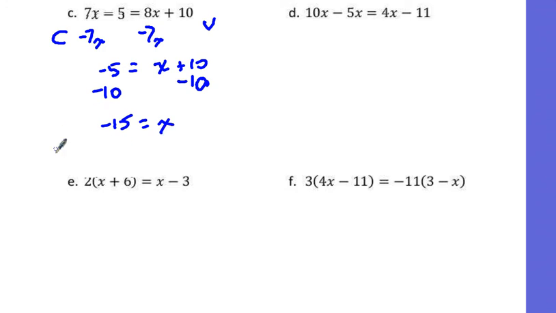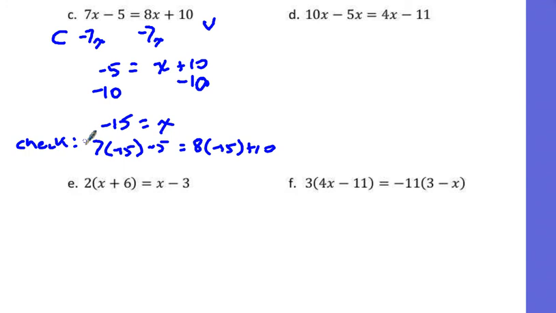And we could check again. 7 times negative 15 minus 5 equals 8 times negative 15 plus 10. 7 times negative 15 is negative 105 minus 5.